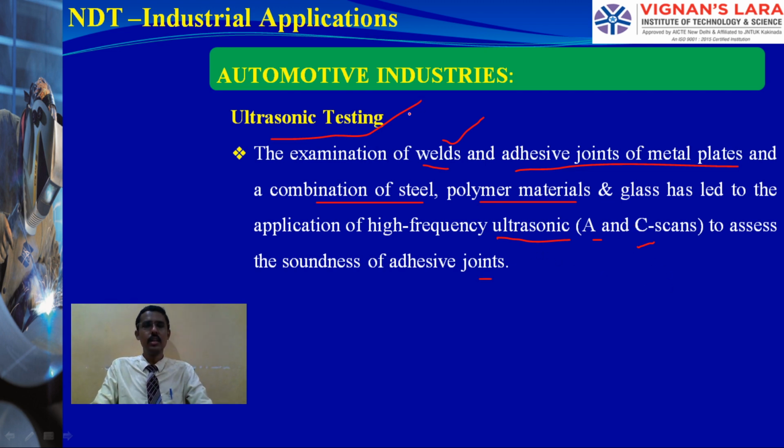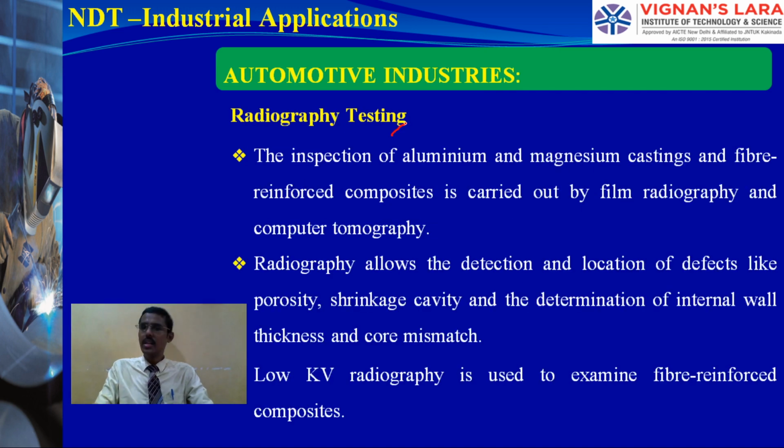So that is one of the ultrasonic methods for inspection. Maybe radiography also we can use in automotive industries. The inspection of aluminum and lightweight materials like magnesium castings and fiber reinforced composites is carried out by film radiography and computed tomography methods.